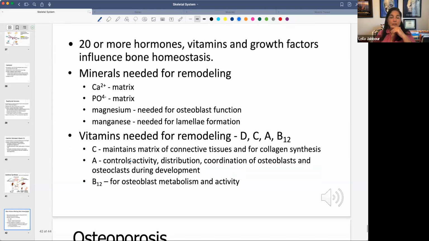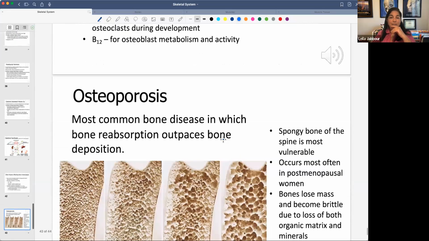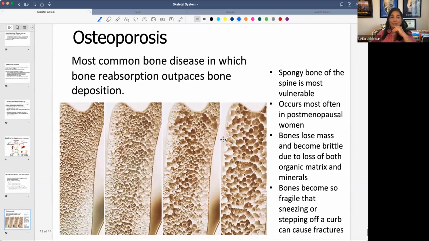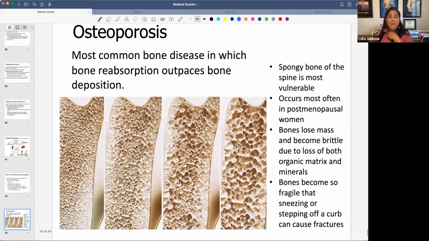Vitamins that are important for bone remodeling are vitamin D, vitamin C, vitamin A, and B12. And if you don't pay attention to your skeleton during life, the chances of osteoporosis are greater. It's a very common bone disease in older people. Their bones are just not as strong anymore.